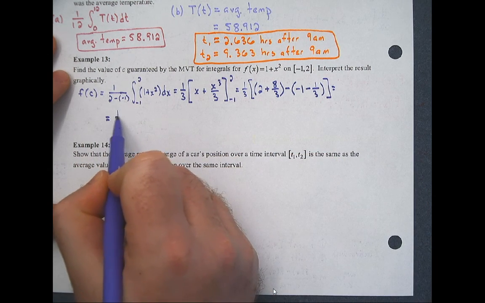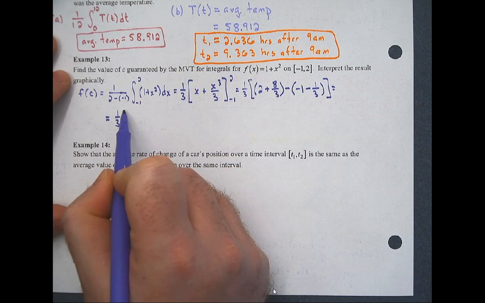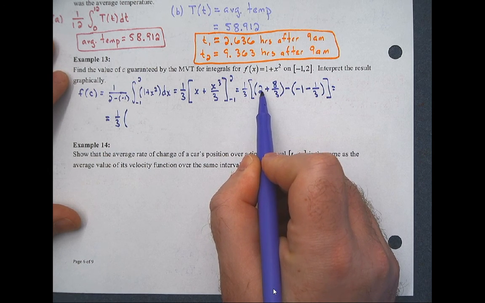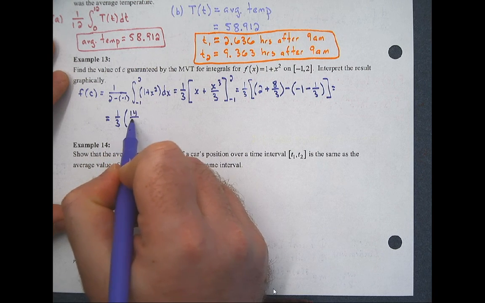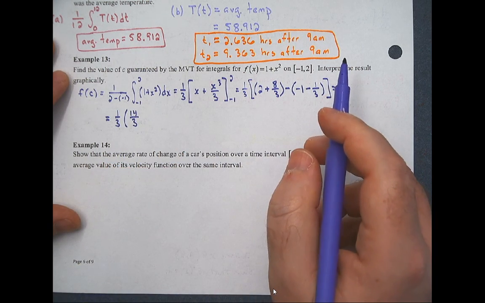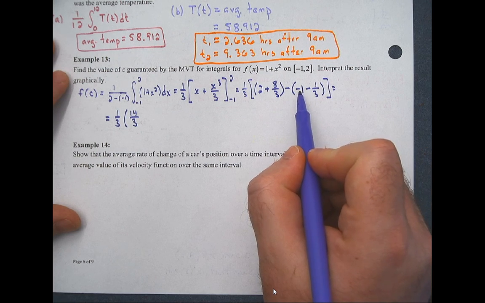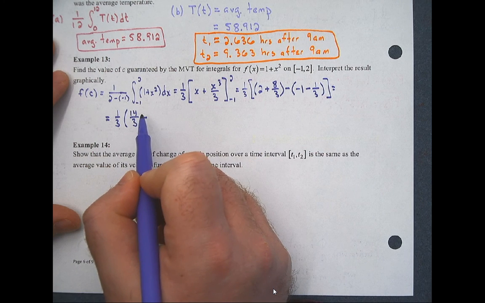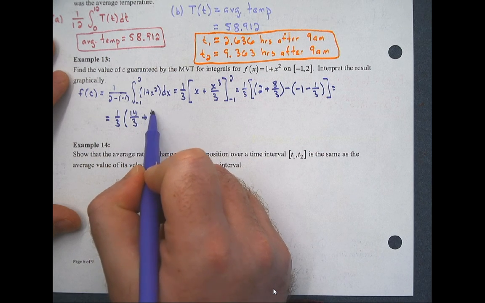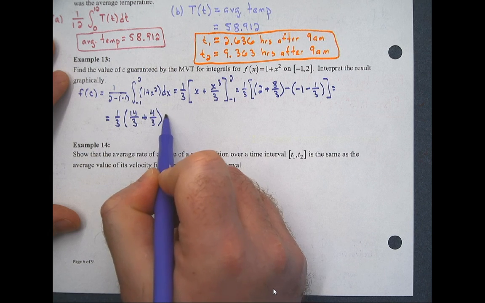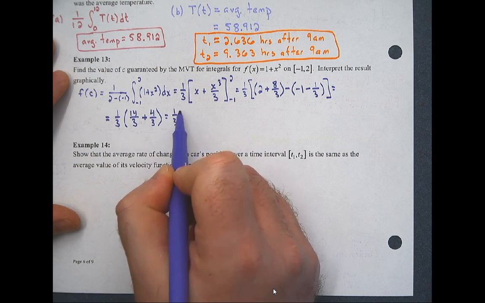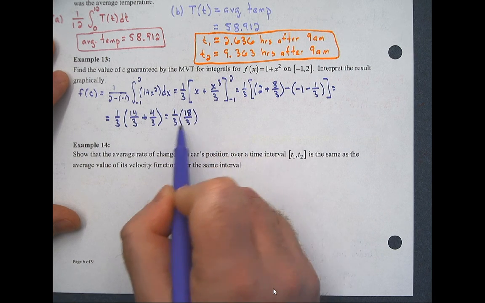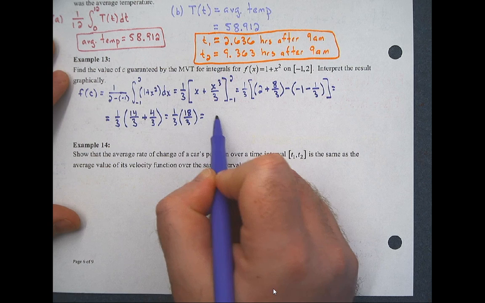All right, so I got my 1/3 times 2 plus, so that's going to become 6/3, so that's 14/3, minus, that's going to be -4/3, so that's going to turn into plus 4/3, which equals 1/3 times 18/3, which is 18 over 9. 18 over 9 ends up being 2.